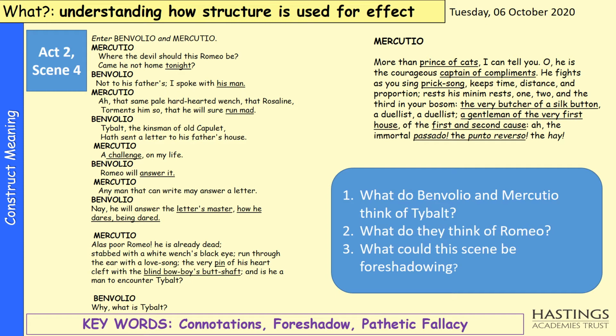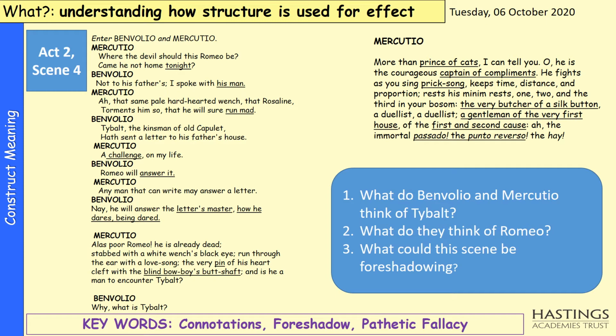And then Mercutio goes on to talk about Tybalt. He says that Tybalt is a prince of cats. That is a reference to a character in a set of well-known old stories, Prince of Cats, who was also quite quarrelsome, wanting to fight. And it says he fights as you sing prick song to Benvolio.